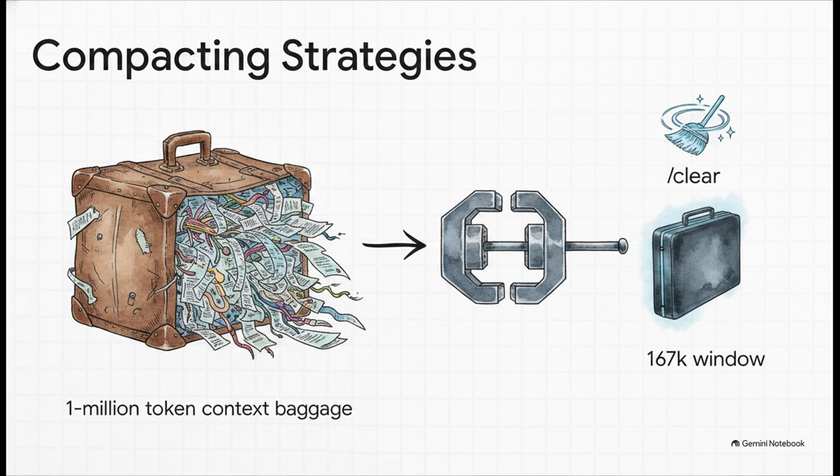Instead, you really want to adjust your auto-compact limits. By forcing the AI to compress its memory at much lower thresholds, we're talking keeping active windows down around 167,000 to 172,000 tokens, and combining that with frequent use of both the /clear and /compact commands, you ensure the AI stays sharp, fast, and incredibly light on token usage.